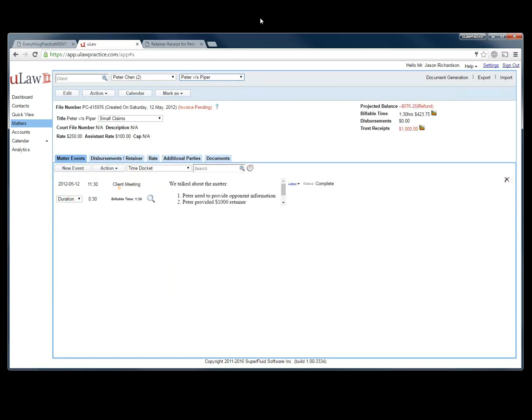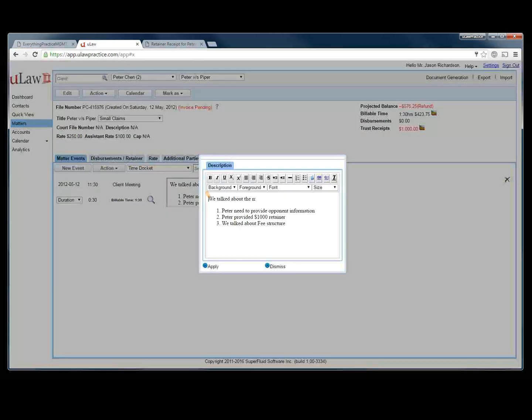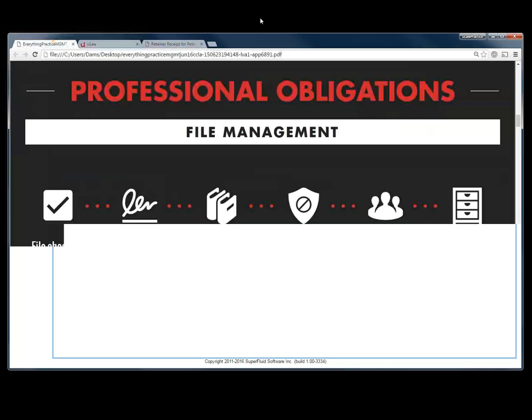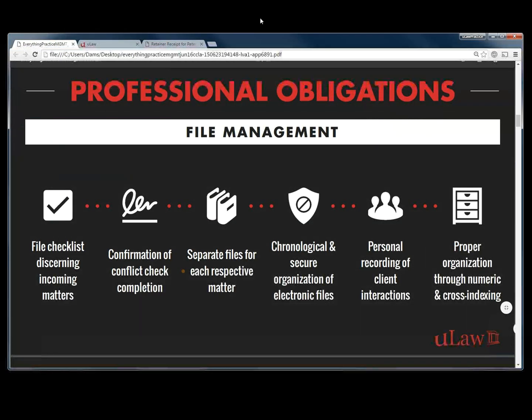For example, this was done on May the 12th, at 11:30 a.m. That's when you had the client meeting. What did you do there? Basically, you informed Peter to get the opponent information. Peter provided you with a $1,000 retainer, and we talked about the fee structure. So clearly document everything in a chronological way so that it's very easy for you to access.